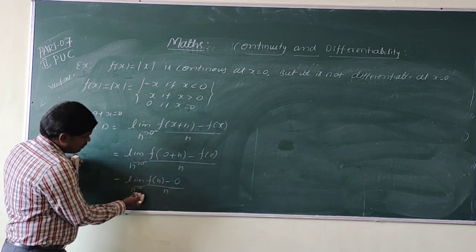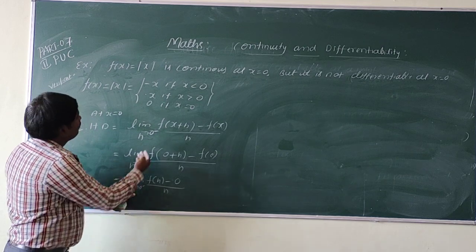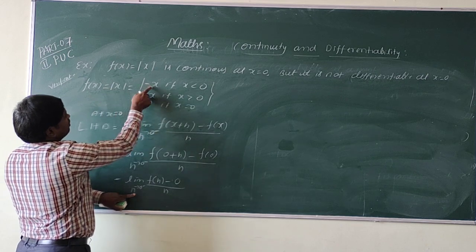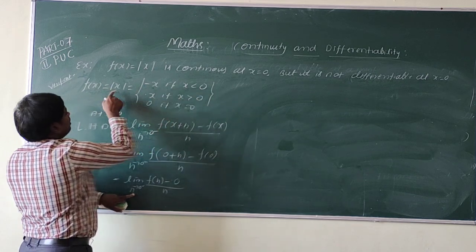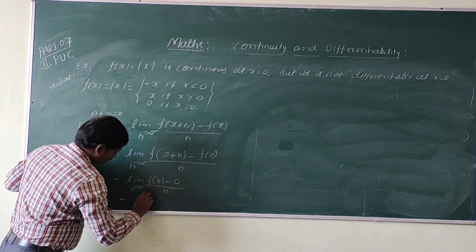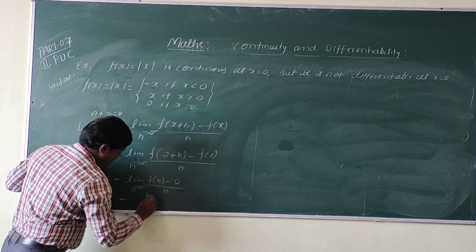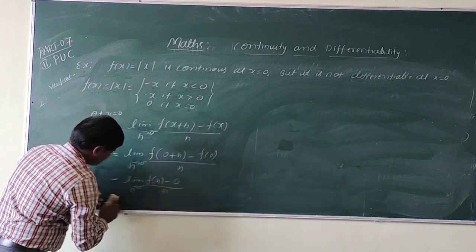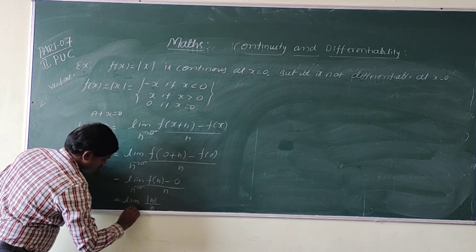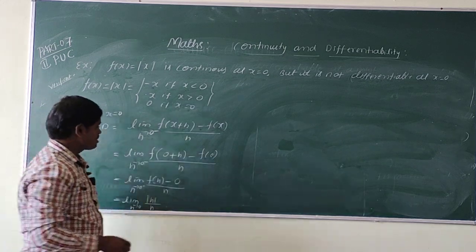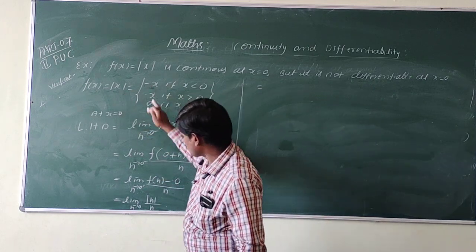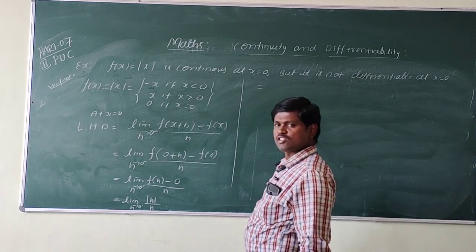So 0 minus means the value of h is less than 0. So I am taking f of h, which is mod h, and since h is less than 0, mod h is equal to minus h.